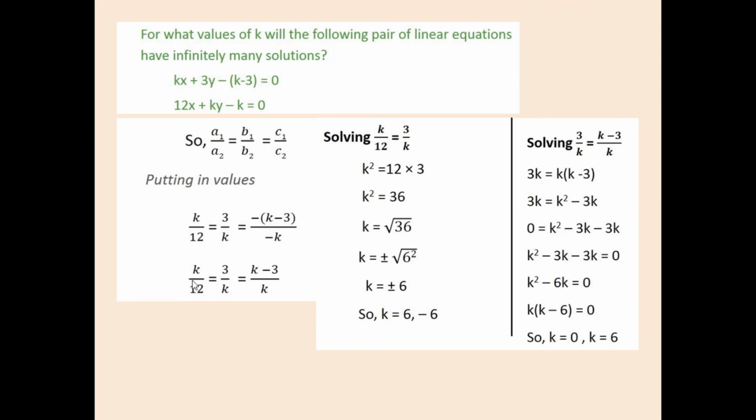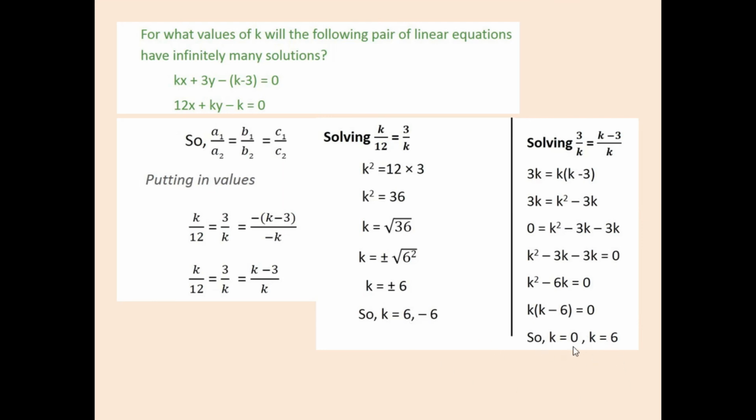Since the relationship was about an answer to k which should satisfy anything given in this particular comparison, the answer should be common for case 1 and case 2. So we look for a common value there. The common value is k equal to 6. So k is equal to 6 over here and over here.